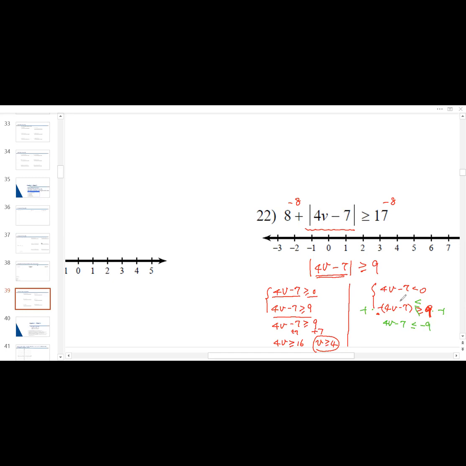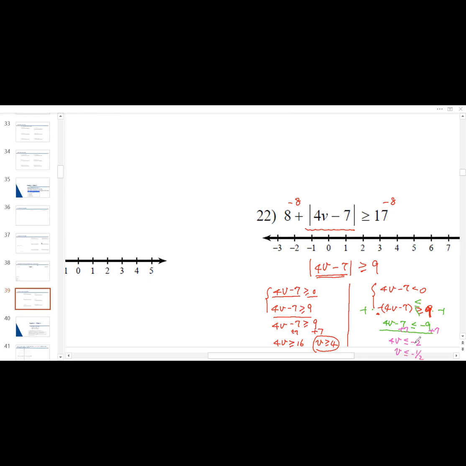Okay, so combine these two. We got 4v minus 7 less than or equal to -9, right? We do the proper transform here as well, so both sides plus 7. You got 4v less than or equal to -2. So both sides divided by 4, less than or equal to -half.